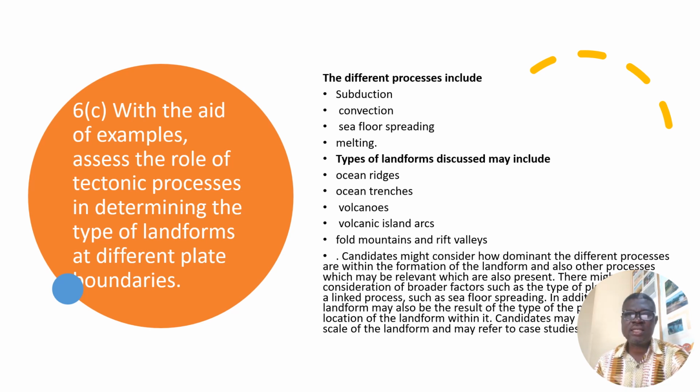So with the aid of examples, assess the role of tectonic processes in determining the type of landforms at different plate boundaries. How do you go about this? The same concept has been repeated and repeated, but the questions keep varying the same concept.